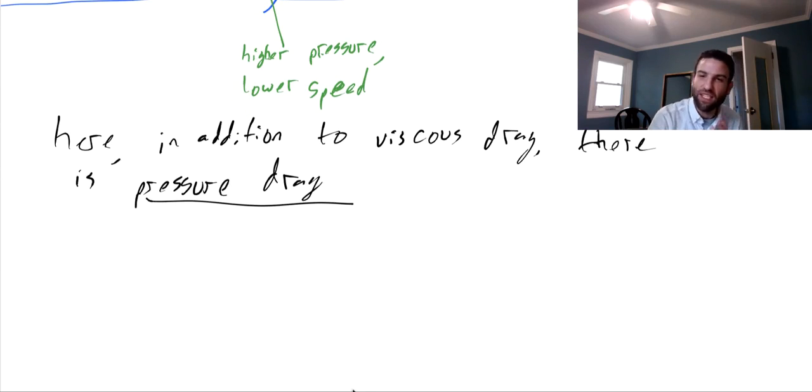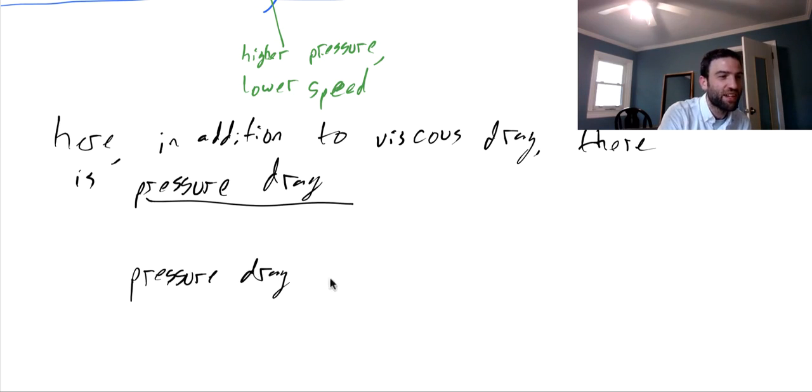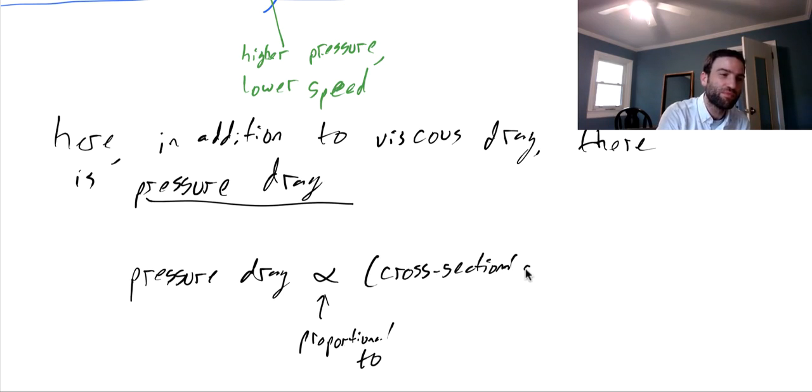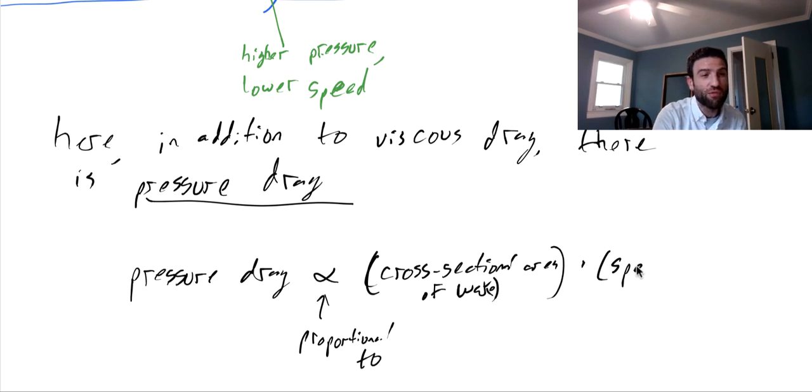And just so that you have a sense of, not numbers, but just qualitatively, how big a deal is pressure drag? Pressure drag scales like, so is proportional to, the cross-sectional area of the wake, of the turbulent wake, multiplied by the relative velocity of the ball through the air squared.